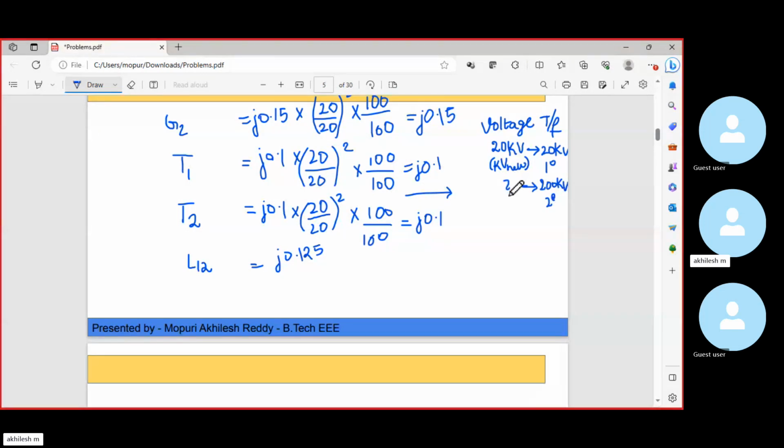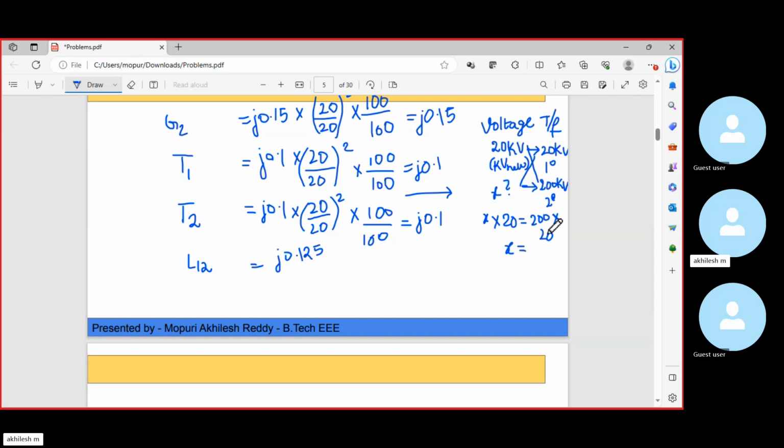This is unknown. So if we do the cross multiplication and consider it as x, then x into 20 is equal to 200 into 20, which means x is equal to 20 kV.